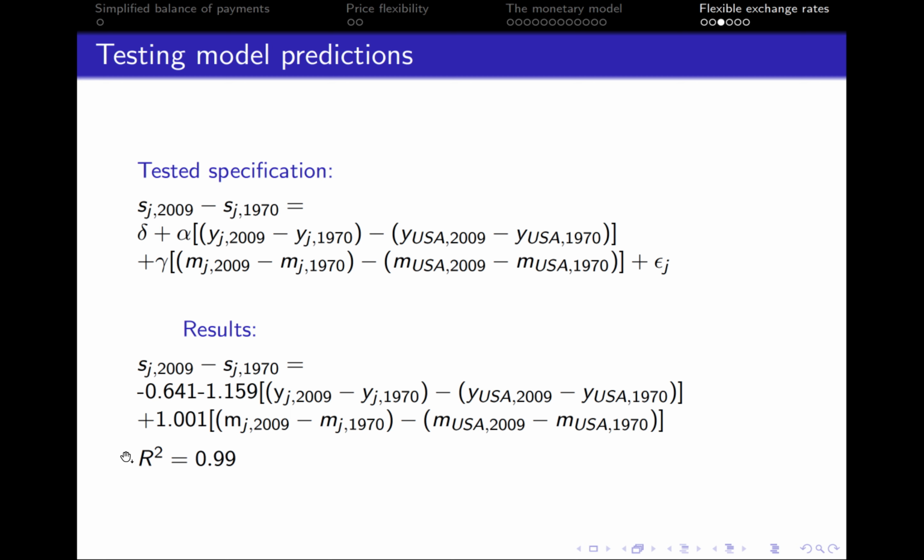Again, one more important thing is that in this situation we see that R square is equal to 0.99. So this model actually fits the data extremely well.